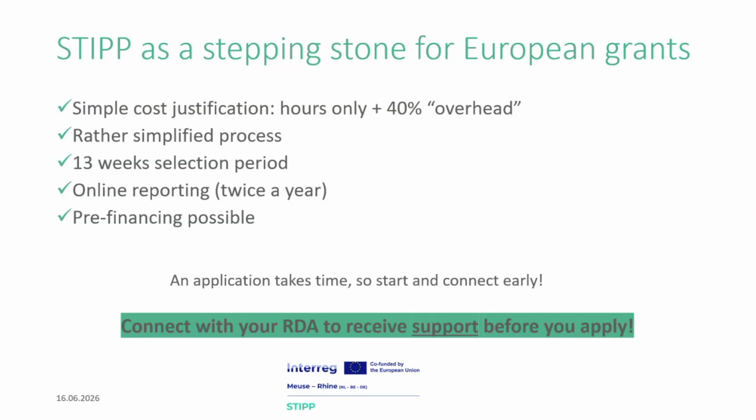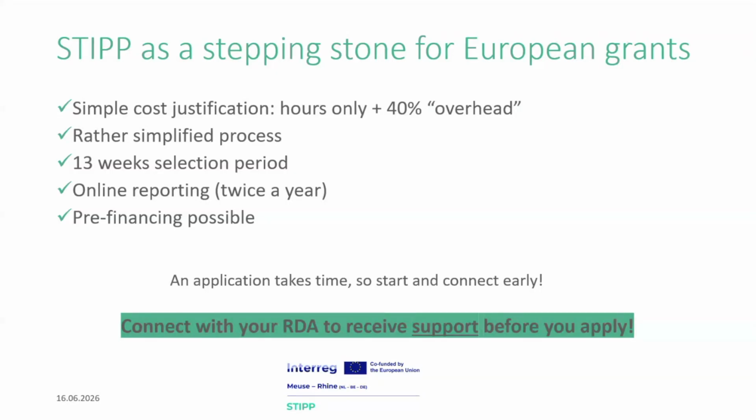Within Call 4, we have a 13 weeks selection period, meaning that after the deadline, we still need 13 weeks to go through the assessment, the eligibility and the assessment. So if you calculate quickly, you will know at the beginning of 2027 if your project has been granted or not.